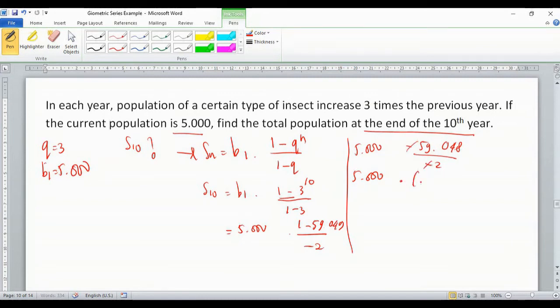This one is equal to 29524, comma 5 times 5,000, which is equal to 147,622,500. So this is the total of the population, everyone.